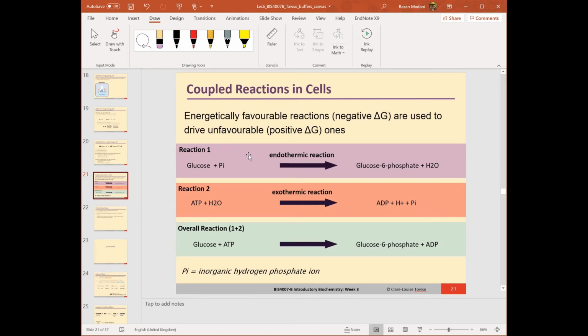Exothermic. Yes. So glucose, remember, it was an exothermic reaction. So we're doing it to drive a positive one.